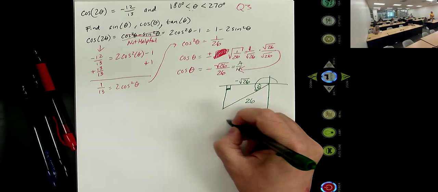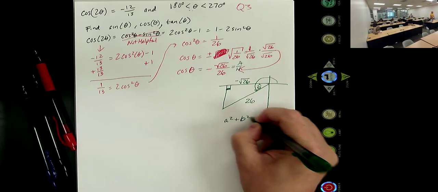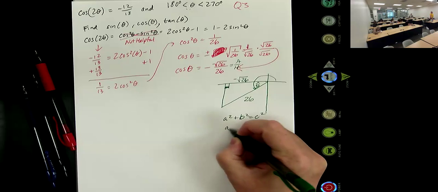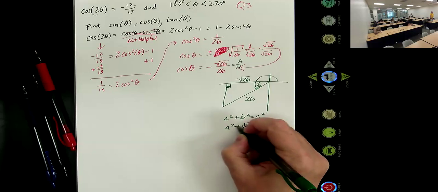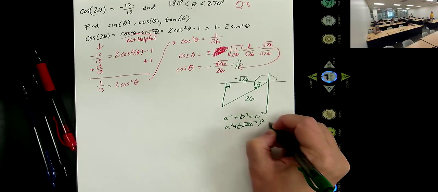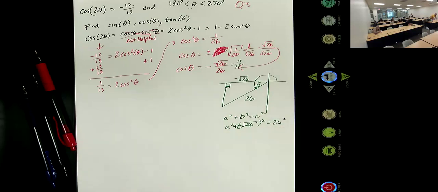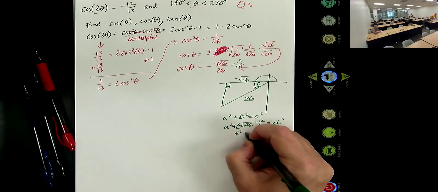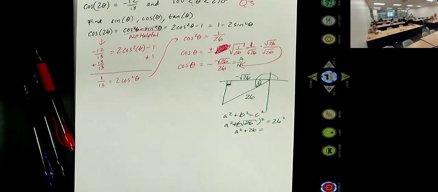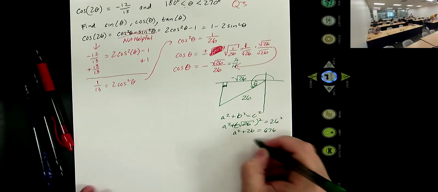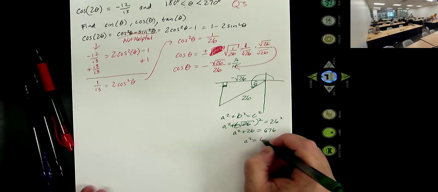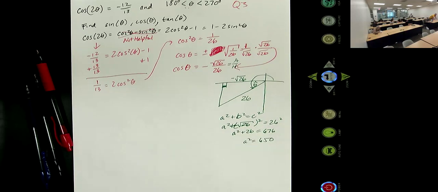Alright, a squared plus b squared equals c squared. A squared plus negative root 26 squared equals 26 squared. So a squared plus 26 equals, what the hell is 26 squared? It's above 625, I know that. 676. So a squared is gonna equal 650.